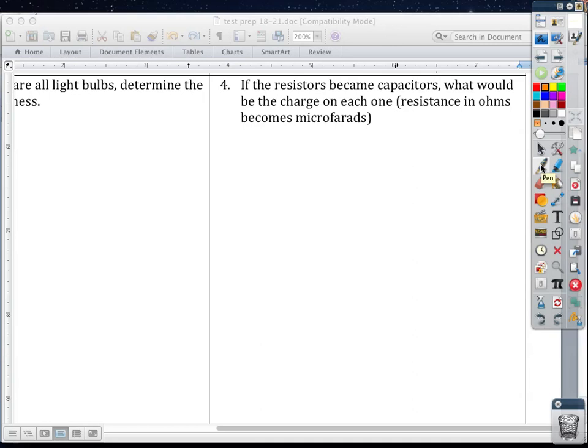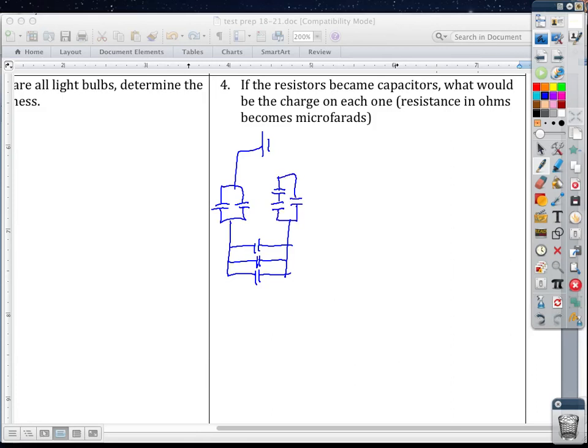All right. Okay, if the resistors became capacitors, what would be the charge on each one? So basically, we got to do the whole thing. And this is saying that it's 6 microfarads per capacitor, right?